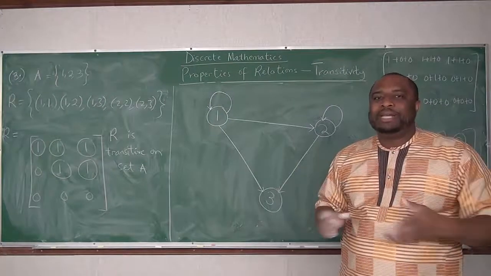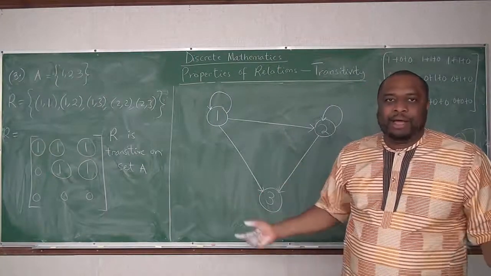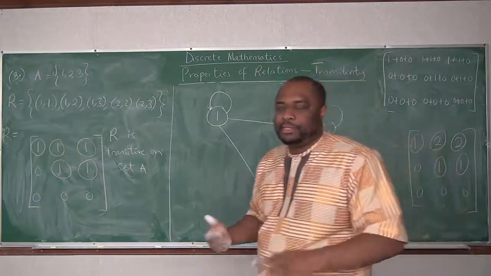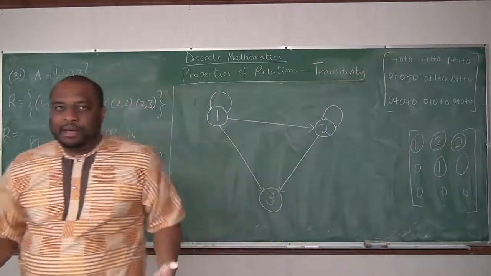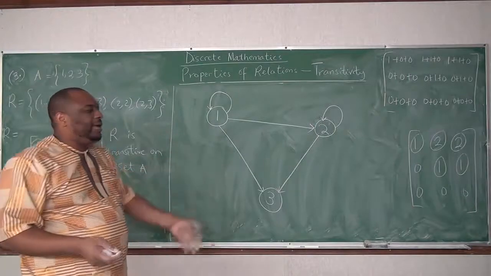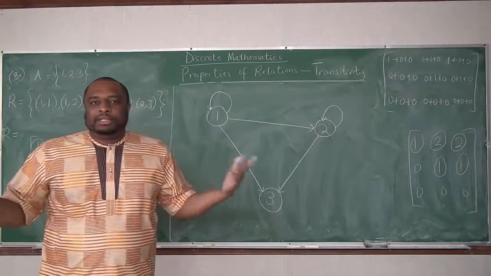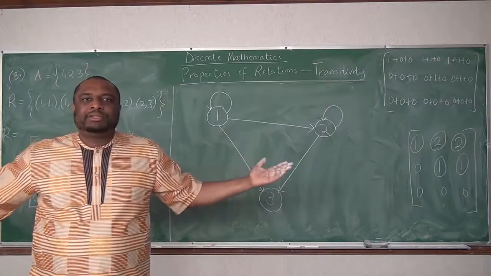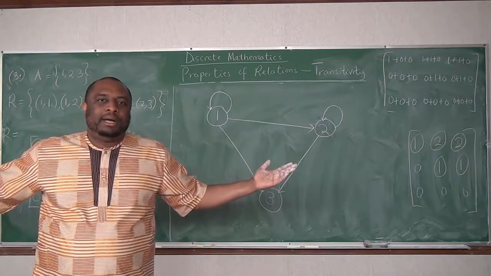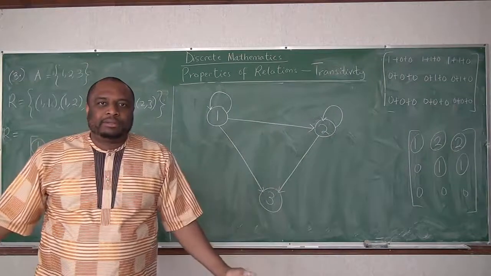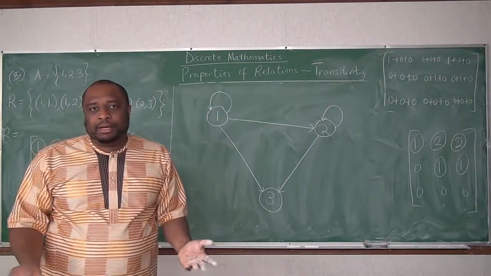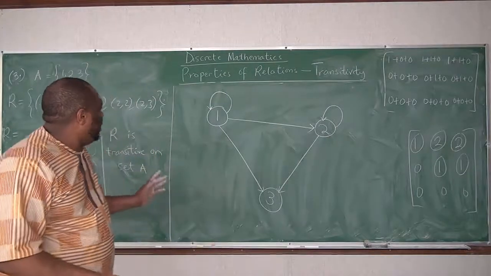If you're not good with diagrams, some people like digraphs, they like visuals, some people are visual learners, but some are not. So if you're given a digraph, change it to sets, or change it to matrices, and then find out whether it is transitive or not.